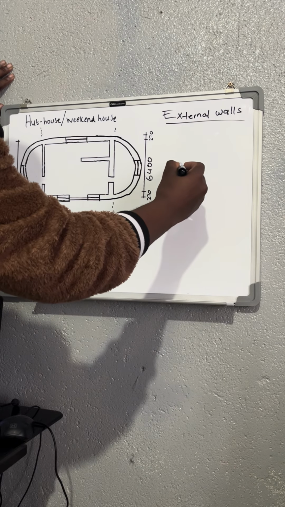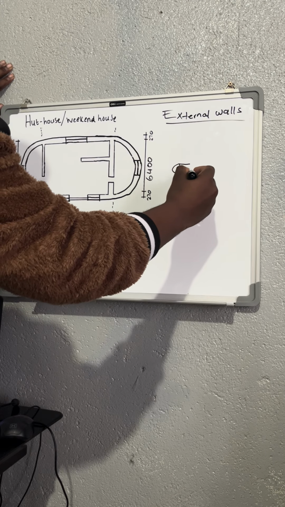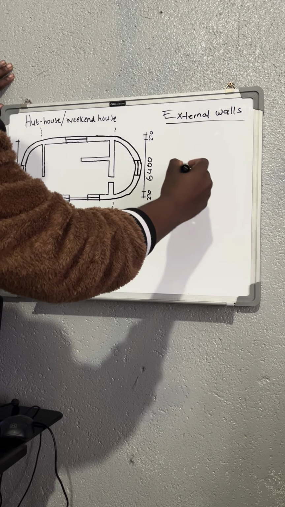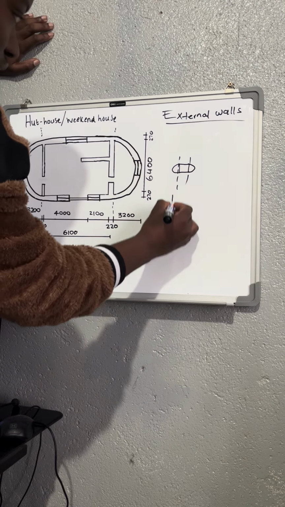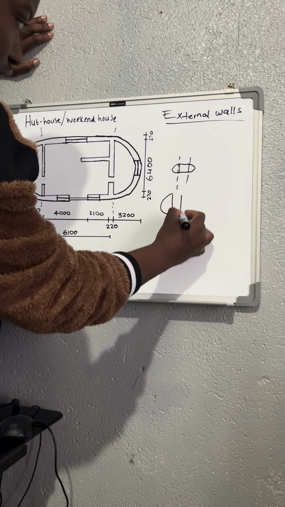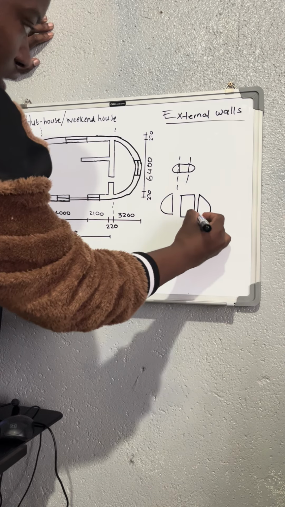So if it's like this, I'm cutting it this way and this way, which means now I have half a circle, a square in the middle, and also half a circle.